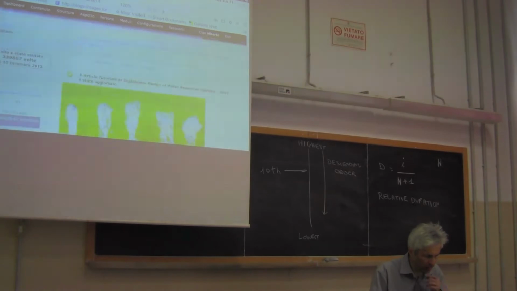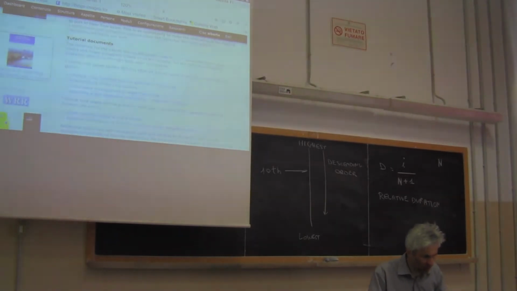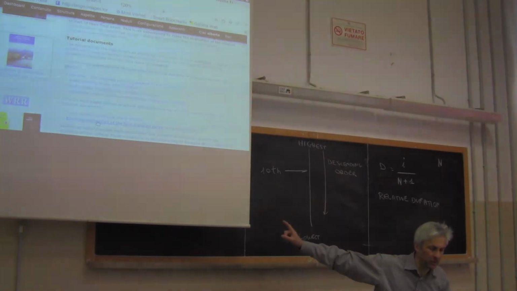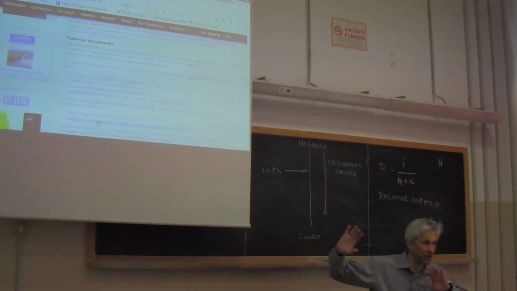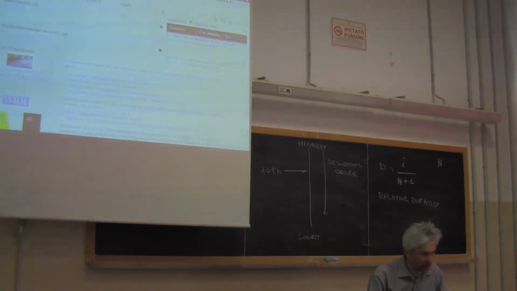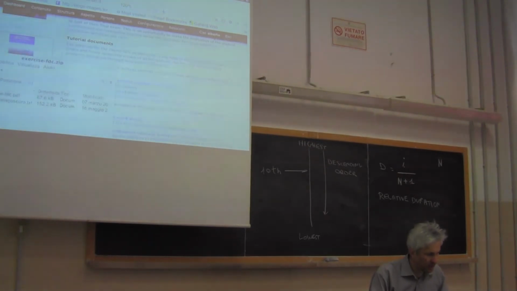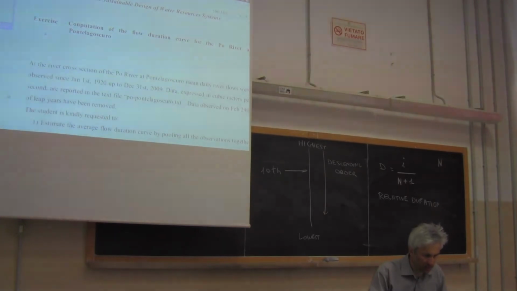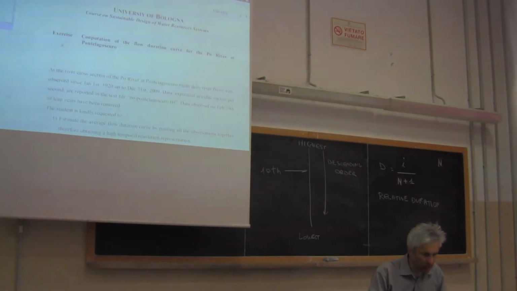Okay, now you see that there is a download link, exercise, estimation of the flow duration curve. Let's click on the first link. On the right you see suggested R file. Let's forget it for now. So if I click on the exercise, I get in download a zip, and we can read the PDF. So this is the file that you should have downloaded.